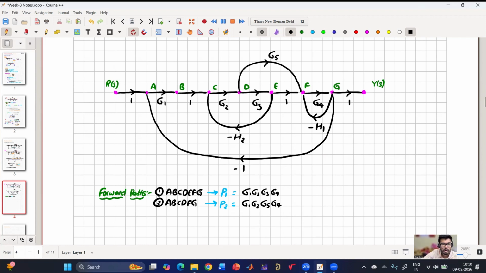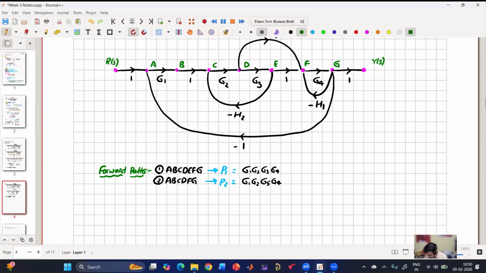Yes, sir. There are 2 forward paths and these are the path gains, P1, P2. So our N is equal to 2, because there are 2 forward paths. So we need to calculate delta 1, P1, delta 2, P2 and delta. Okay. So if these things are clear, let us see what are the loops in this graph.